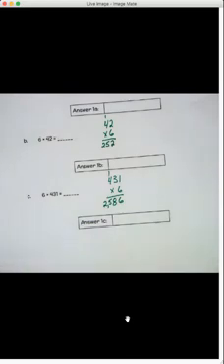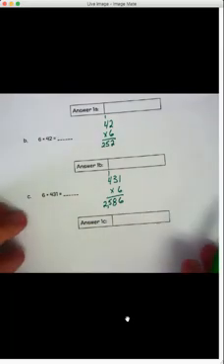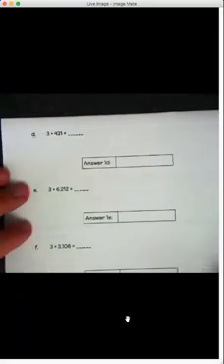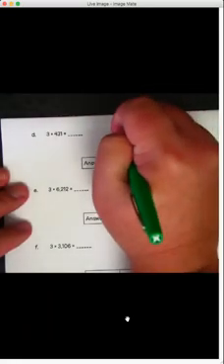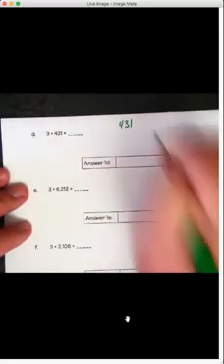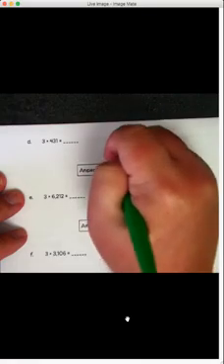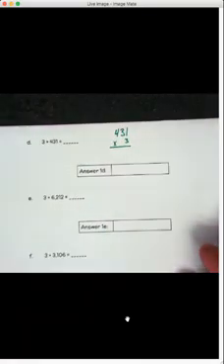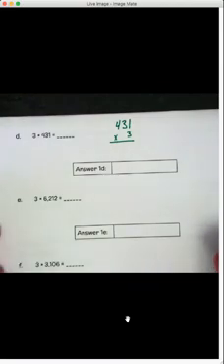Makes it 25. 2,586. All right, our next problem. Still in the hundreds for this problem. 431 times 3. I'll give you time to write it down.